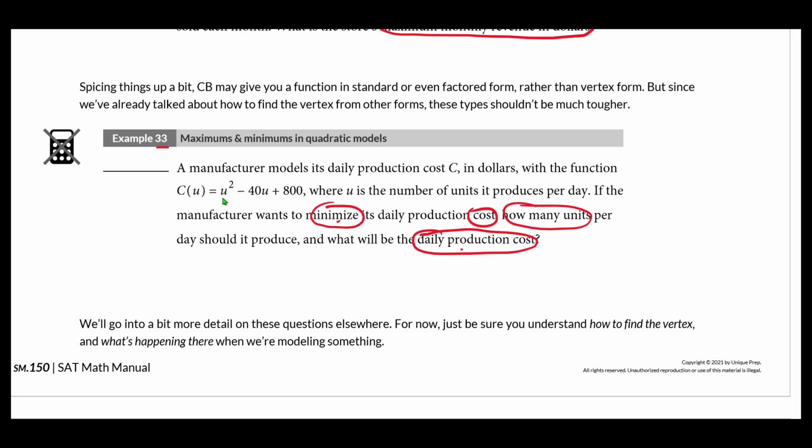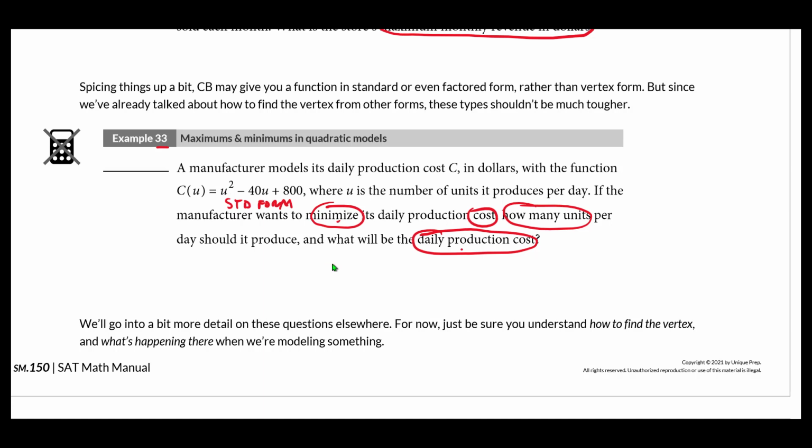Now notice in this case, what do we have? We have a standard form quadratic. In a previous part of this section, we talked about the fact that converting standard form to vertex form would involve completing the square, but I also said at that time that we generally are not going to need to know how to do that, because we talked about how to find the vertex from standard form.